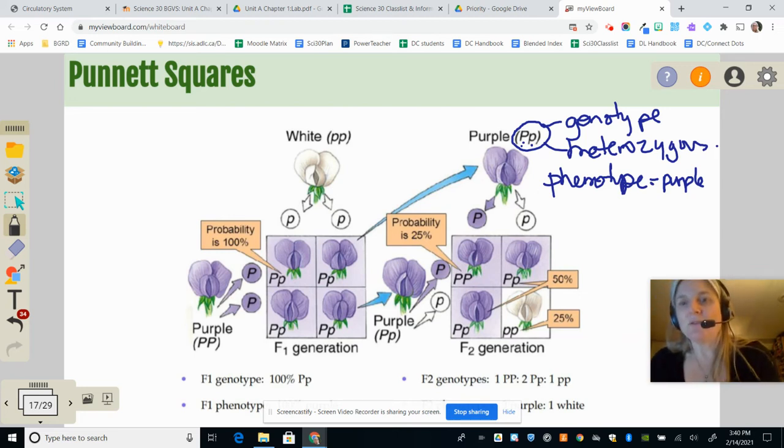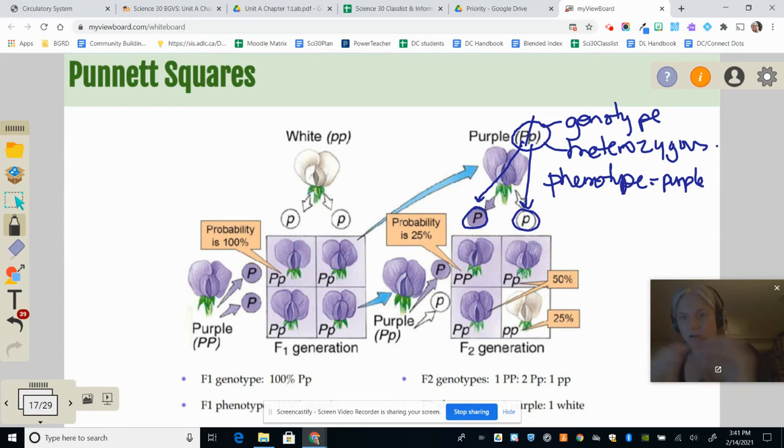So that means when you create an egg or a sperm cell, it's only going to have one of these alleles. So it's going to have either the purple dominant allele or the white recessive allele in the case of that flower. And we put each of these possible gametes alleles along the top of the Punnett square. Okay, I'm going to leave that one for now because I started on the wrong side here. I don't know why I started on the right-hand side. We always read left. Anyway.